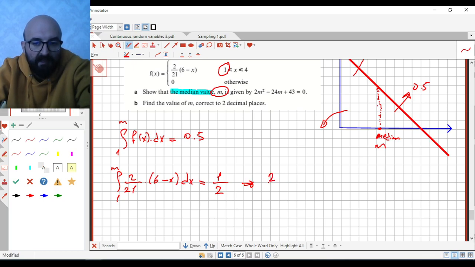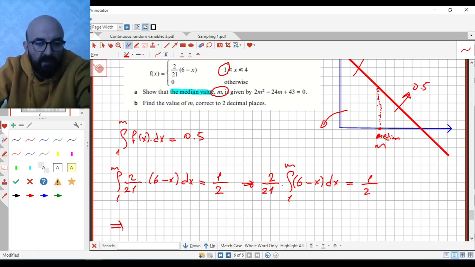I can rearrange and move the 21 and the 2 across, so the integral from 1 to m of (6 minus x) dx equals 21 over 4.